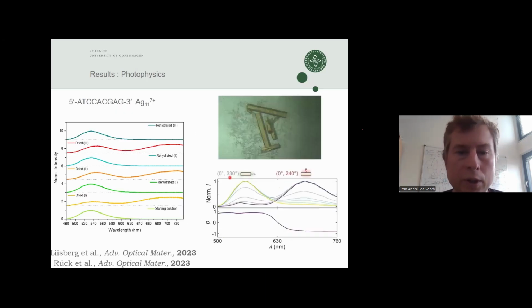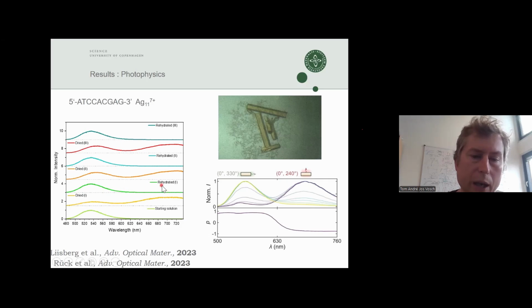But in the solid state, either when it's dried up or in the crystalline state, it turns out that this becomes a dual emitter. So what we can see here on the left is we have our silver 11 7+ cluster in solution. We see the nanosecond emission. And then when the droplet dries out, you see the appearance of this microsecond lived emission.